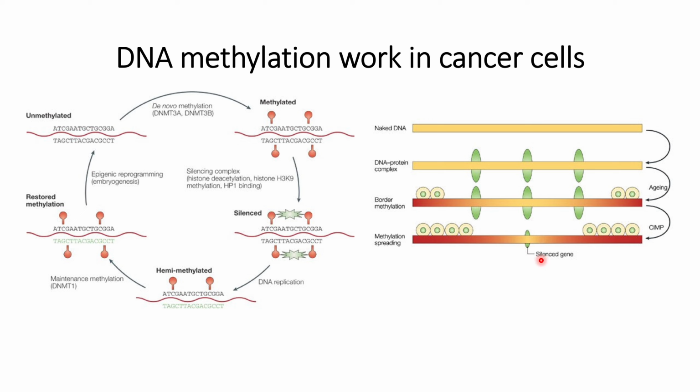So this is how DNA methylation is achieved with aging. It has been speculated that the methylation begins at the border mainly because of the frequent replication of this DNA, and that leads to some mutation in this DNA with aging, and this leads to the initiation of this methylation.